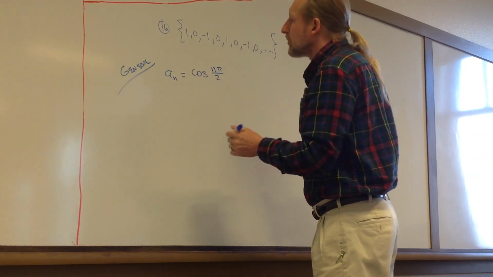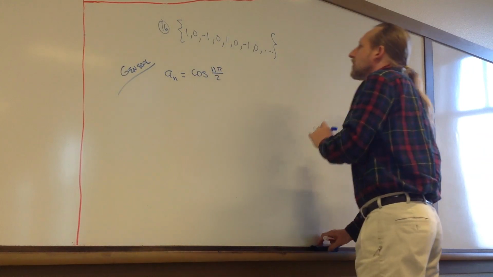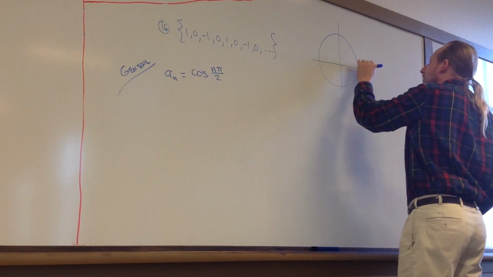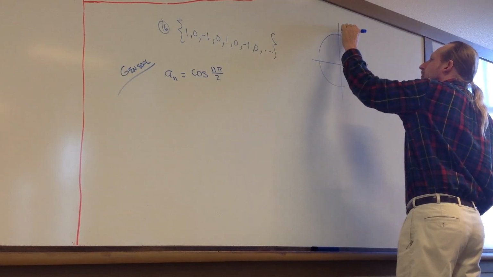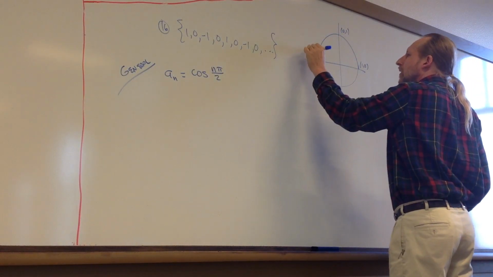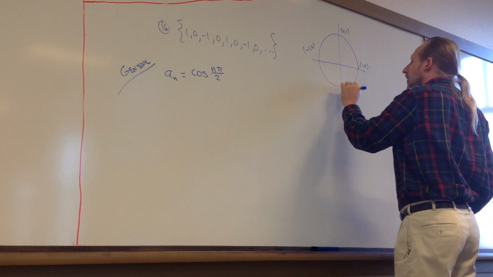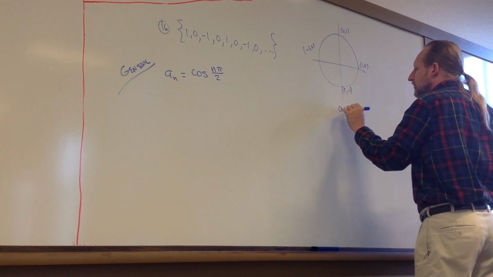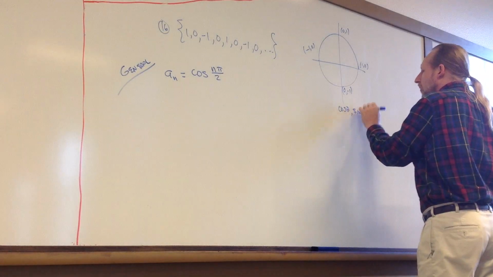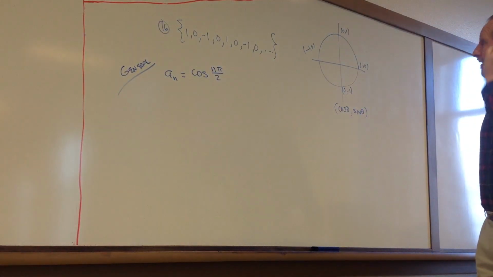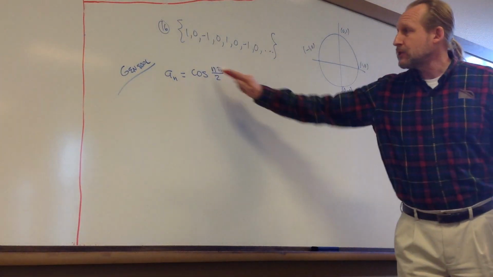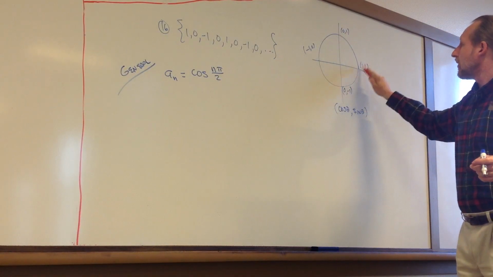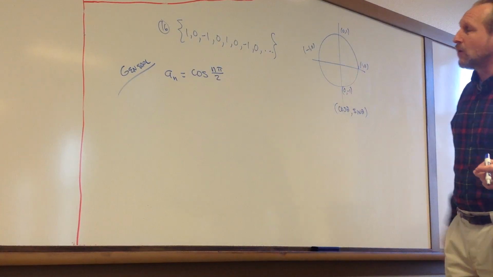Okay, so if we wanted to shift it, let's go back and look at the unit circle here. And remember that the x is the cosine and the y is the sine. Okay, so for this one, we were starting up here with the 1, 0, negative 1, 0, 1, and so on.